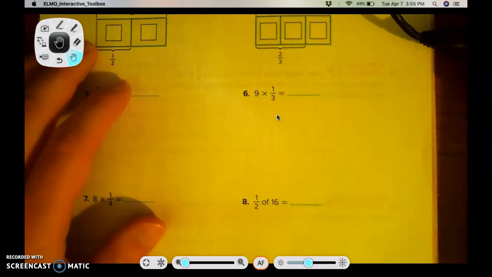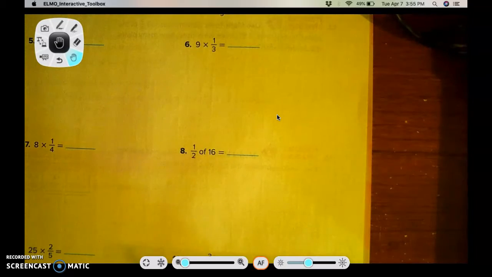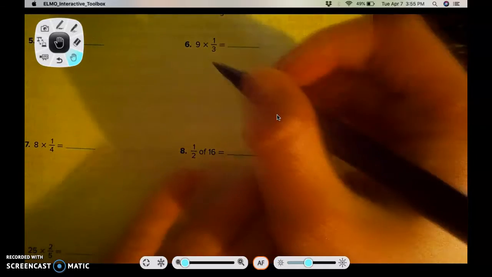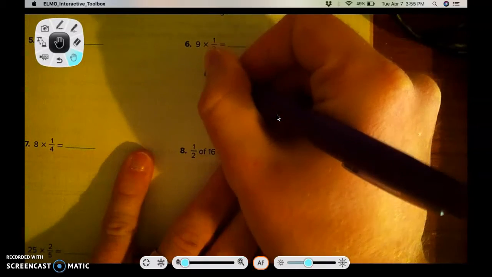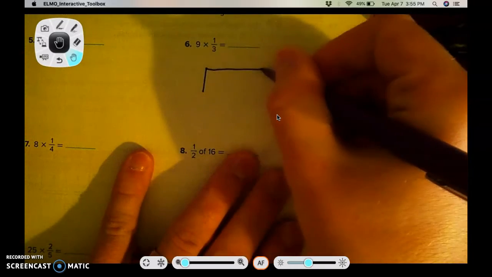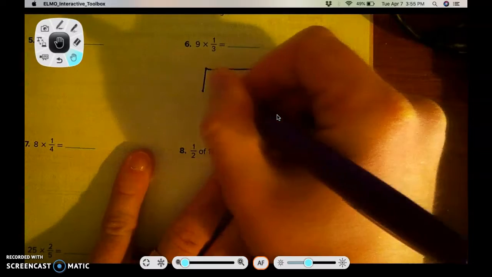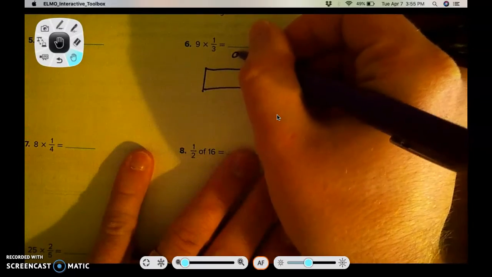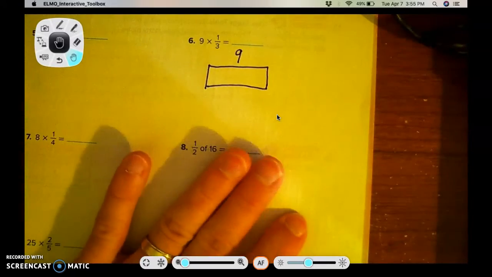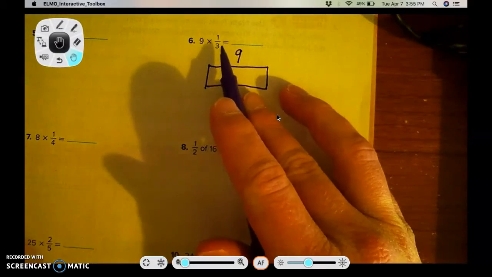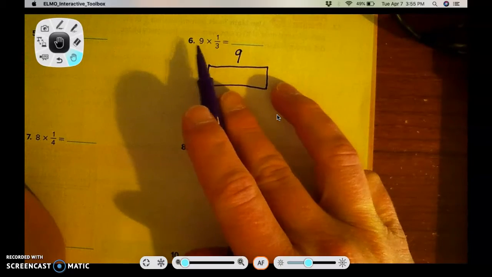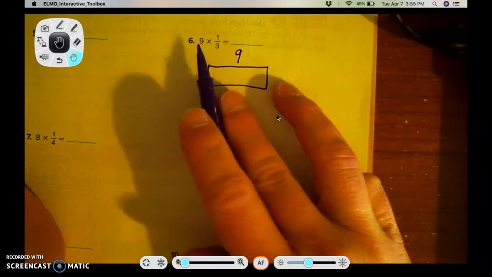Let's try number 6 so we can practice drawing it. So 9 times 1/3. Again, we're going to do the same thing. We're going to draw 9, and we want to split it into 3 equal parts because our denominator is 3. We want to find 1/3 of 9, or 1/3 times 9.